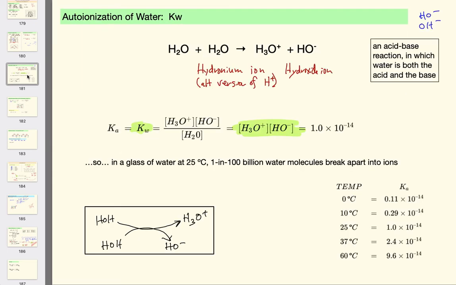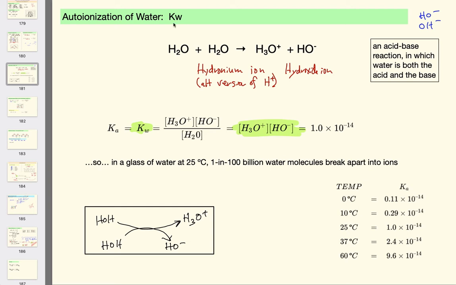Water, let's talk about that. Water autoionizes. It forms ions all by itself. This is very important because we know in a complex mixture, no matter what, if Mother Nature wants a Ka, an equilibrium constant, she will do it no matter what else happens in that solution. She will establish that equilibrium constant for that particular reaction.